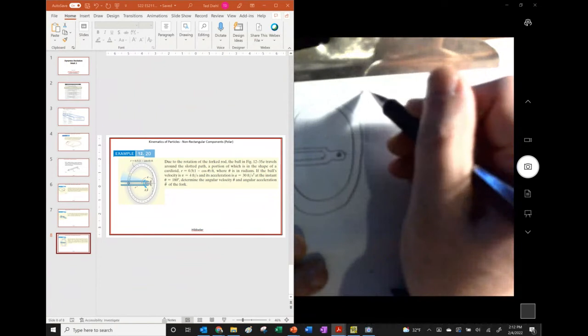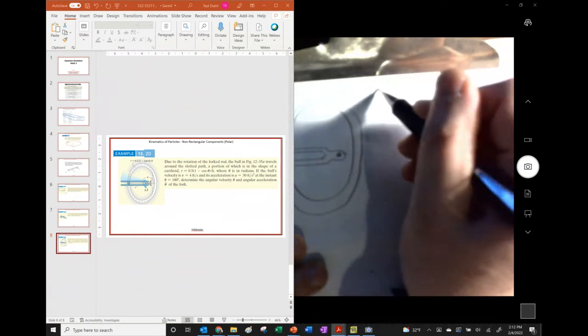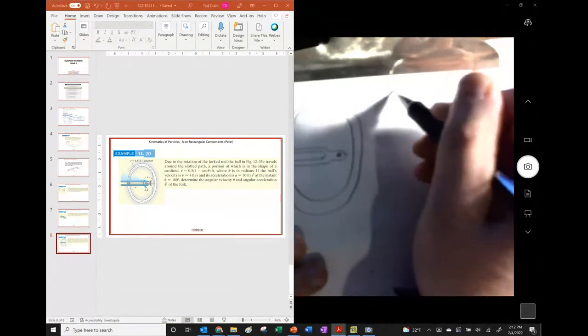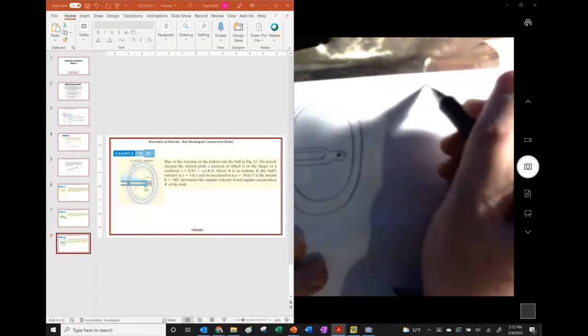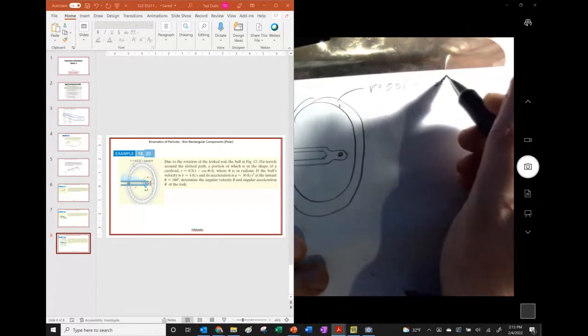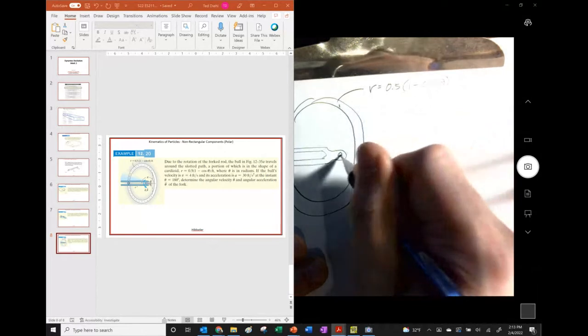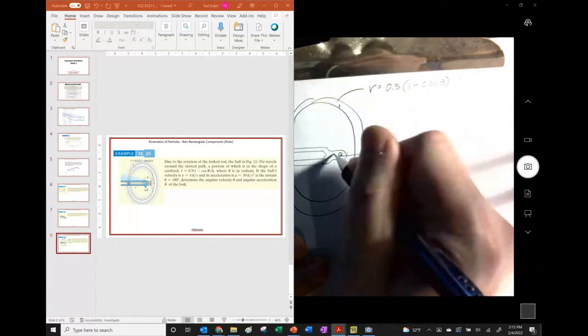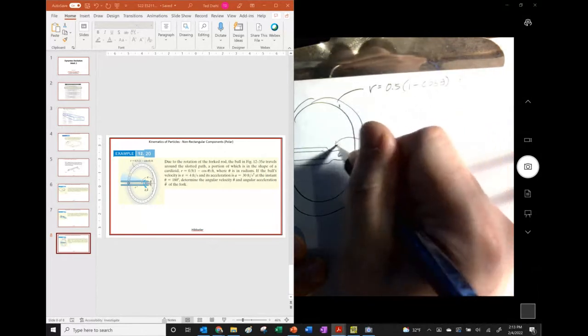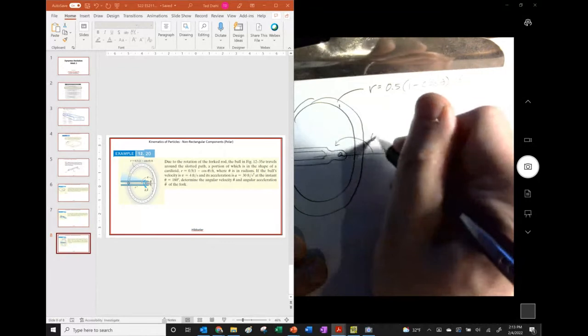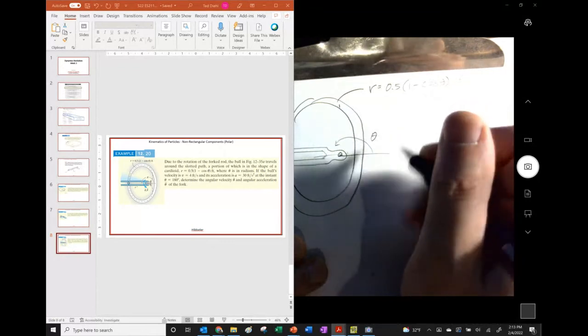But this thing has an equation where the radius, 0.5 times a function of theta, is in feet. We're measuring theta counterclockwise, coming this way, right here, as they're showing it.